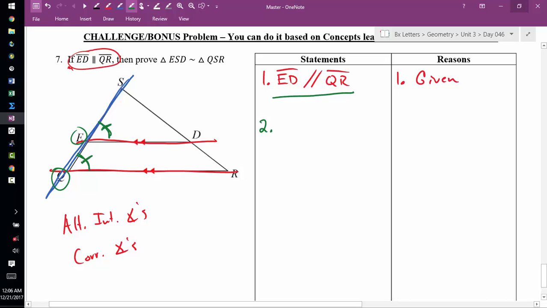Let's do the 3-letter names just so we don't get confused. Maybe they think we're talking about this angle down here. So this angle SED, right, this angle here, must be congruent to this angle SQR.